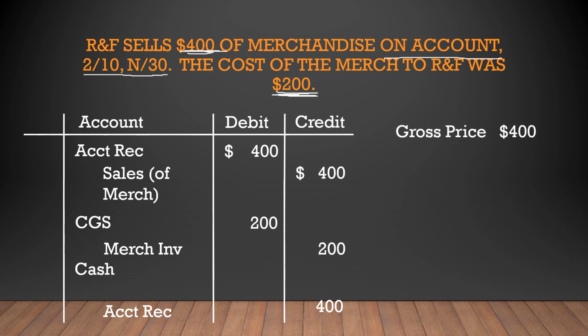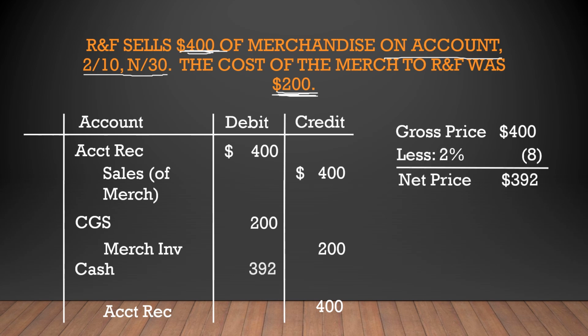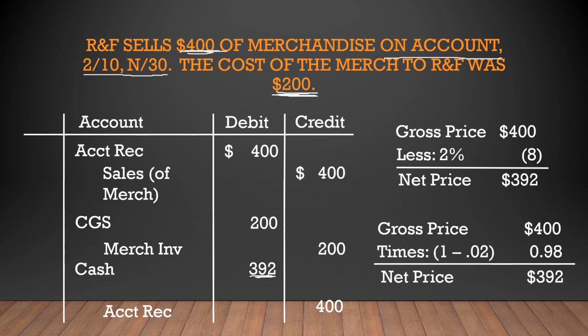Rather, it'll receive $400, the gross price, reduced by the 2% discount to yield $392. That's the amount of cash being collected. You could also calculate this amount by multiplying the $400 gross price by 1 less the discount percentage. In either case, the cash to be received is still $392.